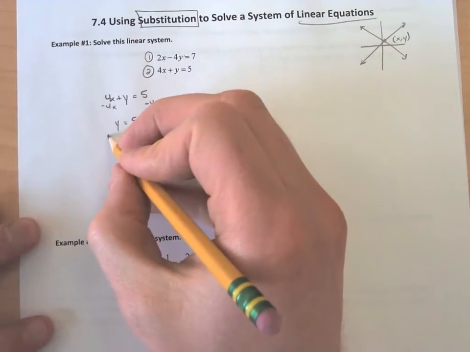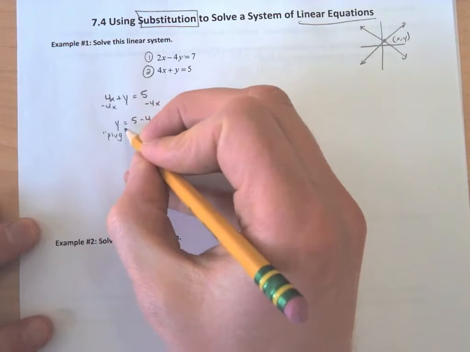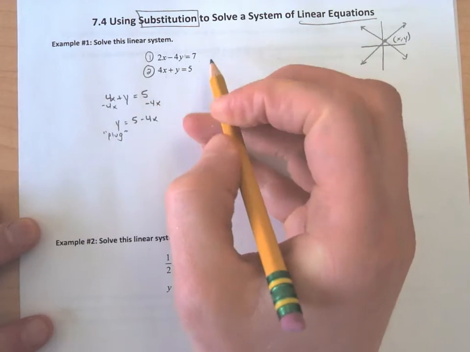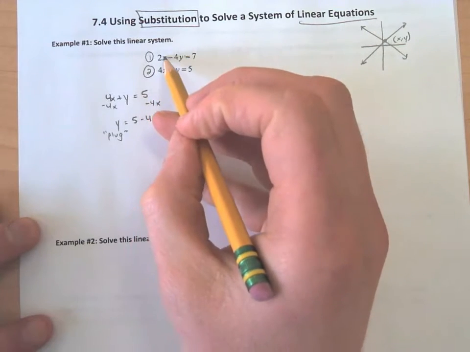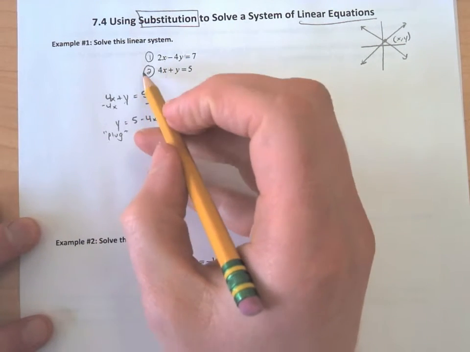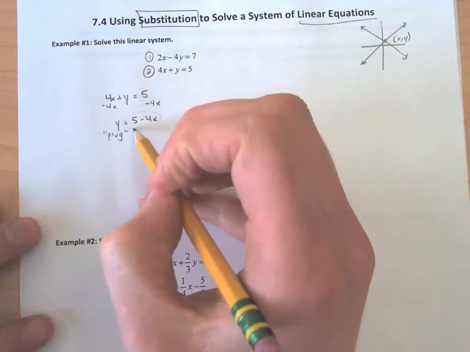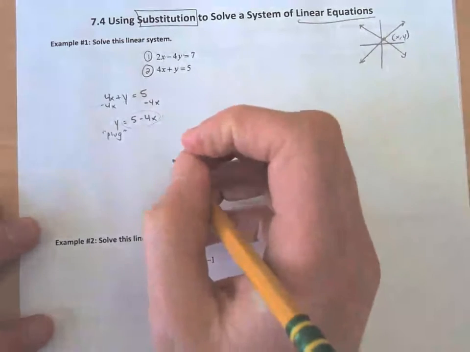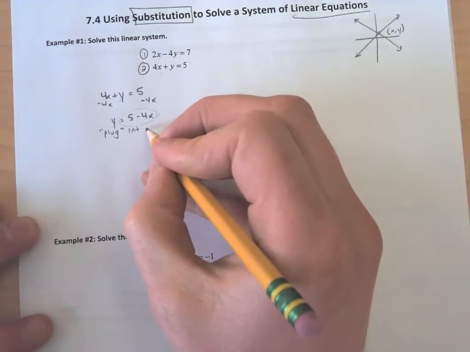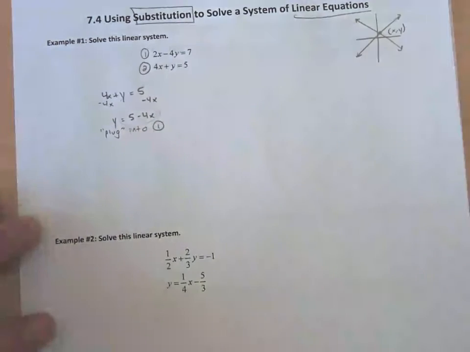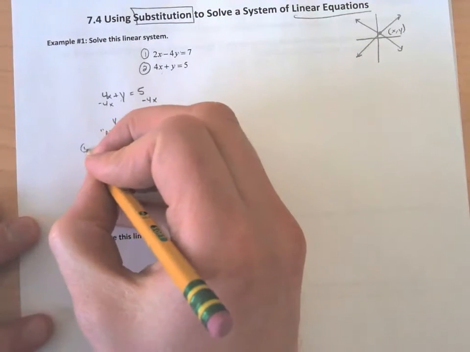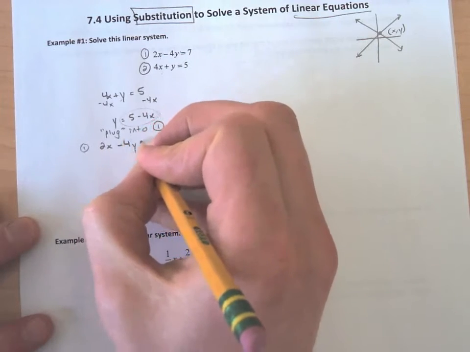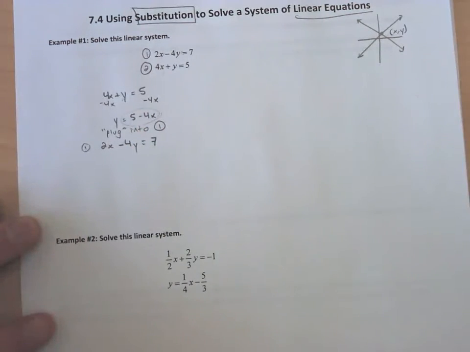And then your next job is to plug this equation in wherever you see y in the other equation. So we used 2 here, so we've got to plug this into equation 1, where we see y in the first equation. And how you do that is you write equation 1 out, so 2x minus 4y equals 7.